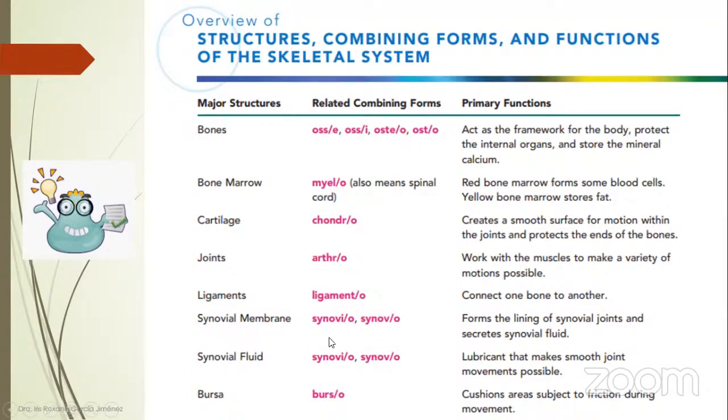Synovial membrane, synovi or synovio, synov or synovo. Synovial fluid, synovio, synovo, same, right? Bursa, burs or burso. You can see grammar rules for writing properly and catching the meaning faster and more easily.